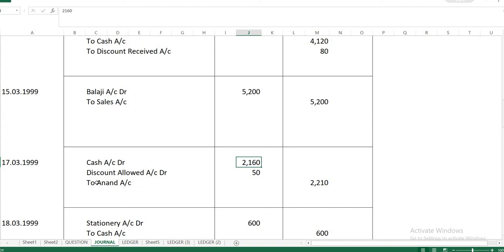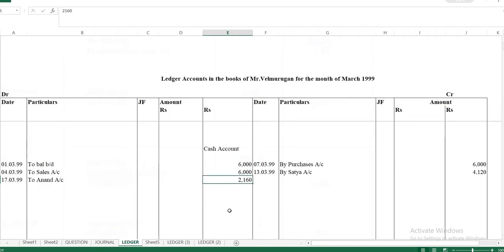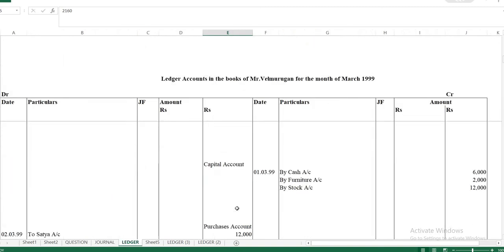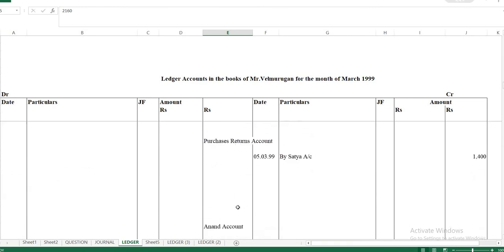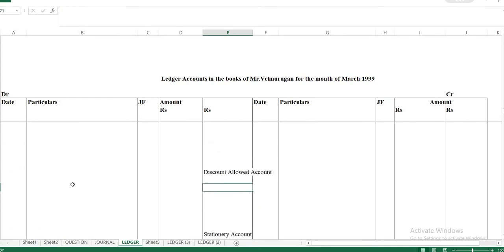Discount allowed account, in that what you have to do is mention to Anand account. Go to discount allowed account. In that, just see where the discount allowed account is opened. Okay, here I have opened. So in discount allowed account, you have to mention from whom you are receiving.